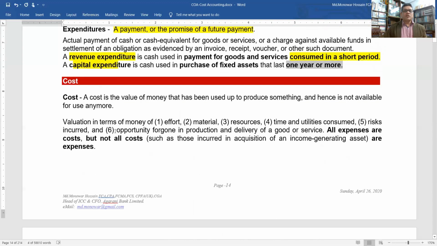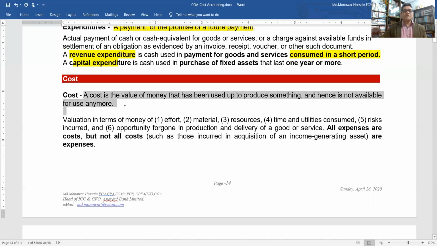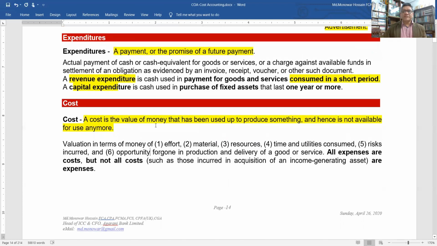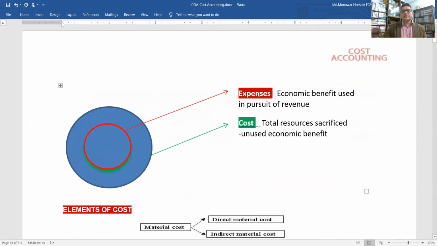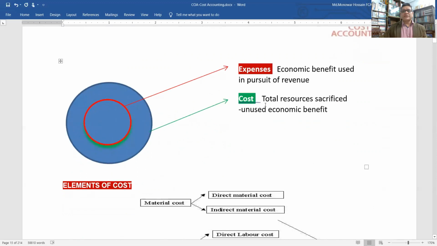So cost is the value of money that has been used up to produce something and hence is not available for use anymore. So there is some difference between cost and expenditure. Here is expense, if you see that, and cost. For example, the whole circle is cost, then expense is a part of this one, that red circle.